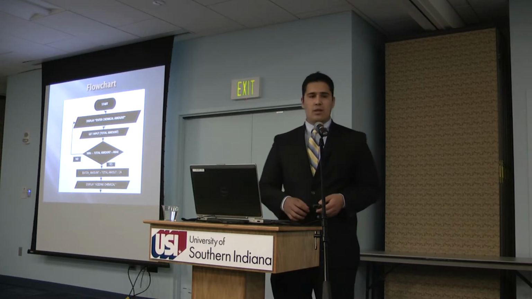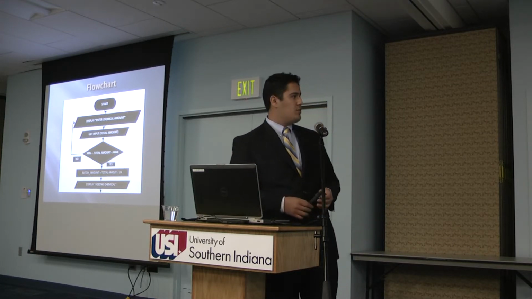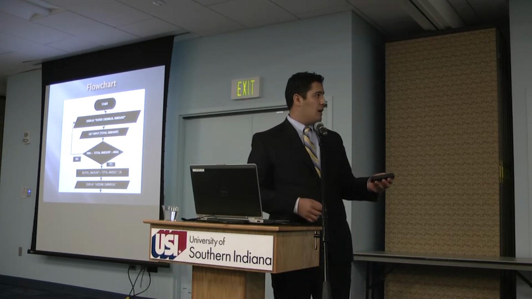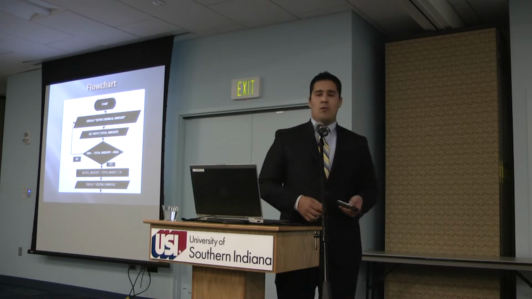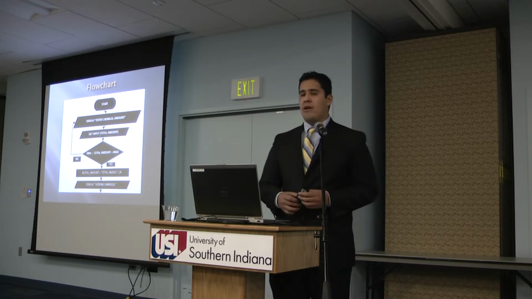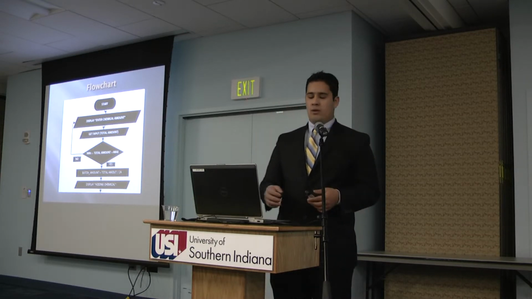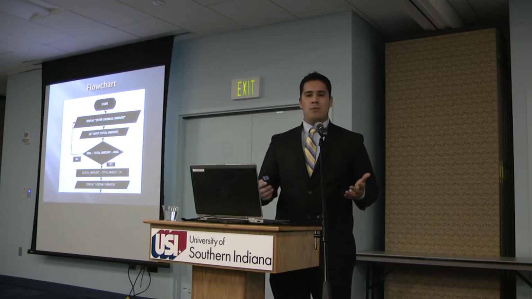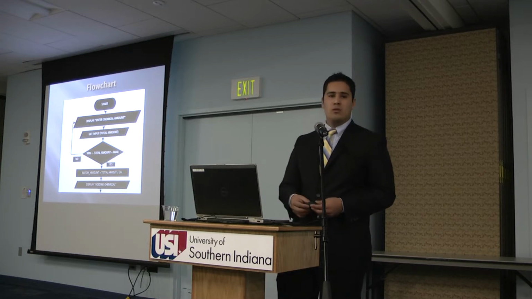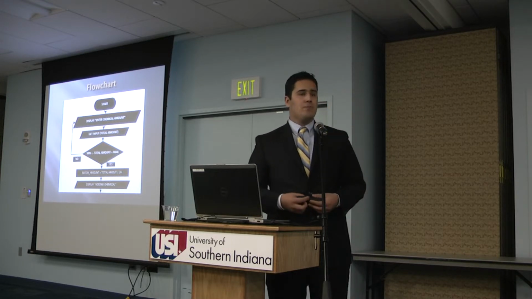So the flowchart that the designer came up with in order to finish the project: we have the start, and we have a numeric entry. The numeric entry will also have a minimum and maximum amount. This is to avoid an operator coming in and maybe inputting 1,500 gallons, which is an unrealistic number.